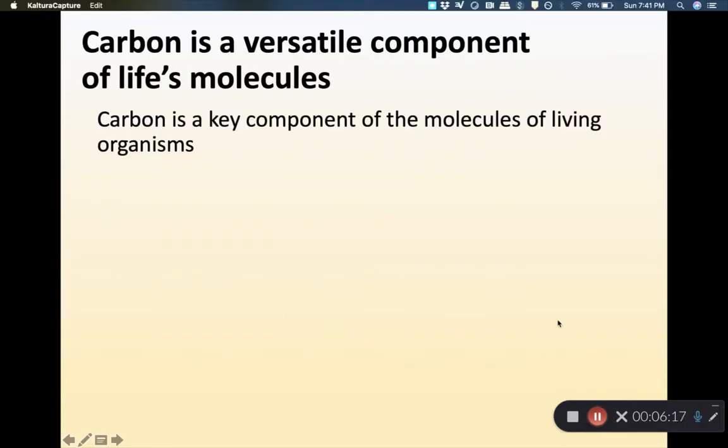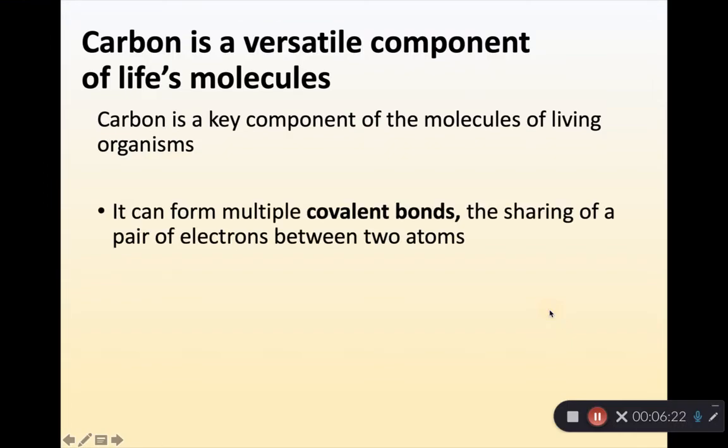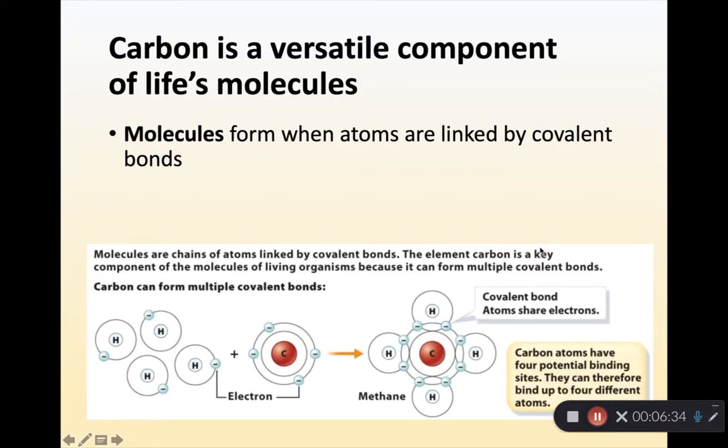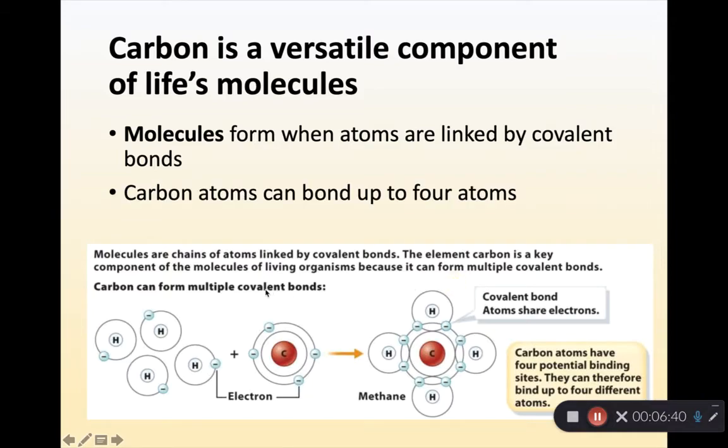Carbon is the key component of molecules of living organisms. The reason it's so important is that it can form covalent bonds, where it's able to share a pair of electrons between two other atoms. Because of this, molecules can be linked by covalent bonds, and you can build up these atoms into different structures.